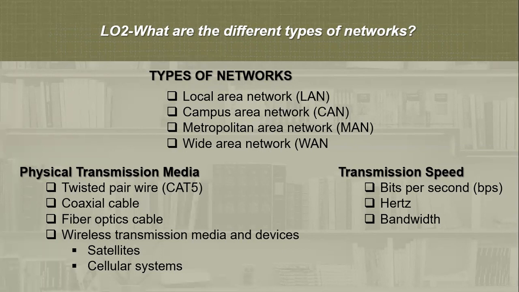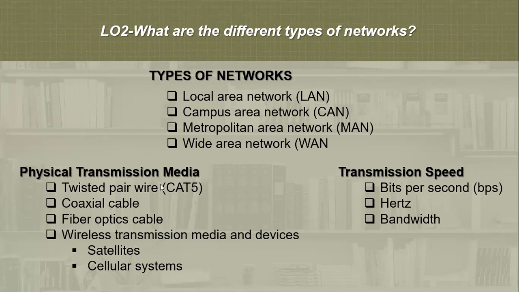Campus area network covers up to 1 million meters, usually in the area of a college campus or corporate facility. Metropolitan area network is used in a city or metropolitan area. Wide area network is usually in a regional, transcontinental or global area.